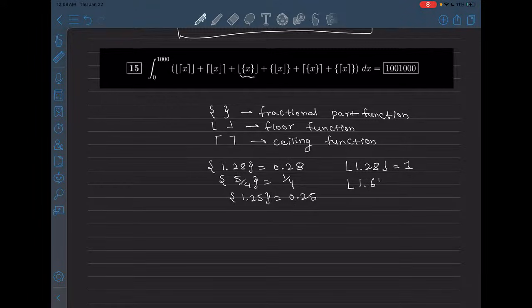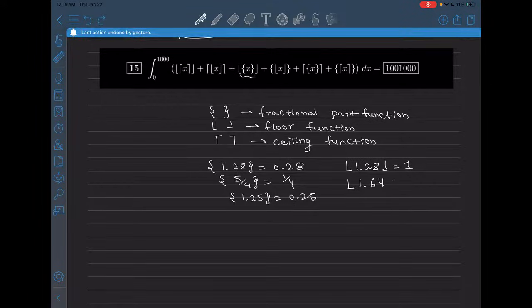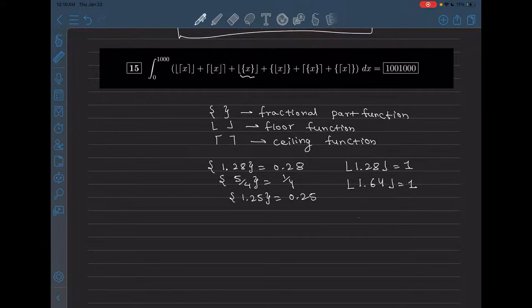Even for 6/4, the floor function will just be 1. And for the ceiling function, you round it up. This will be 2. Even for 1.28, the ceiling function will be 2. Is that clear what these things are? Yeah. Okay.